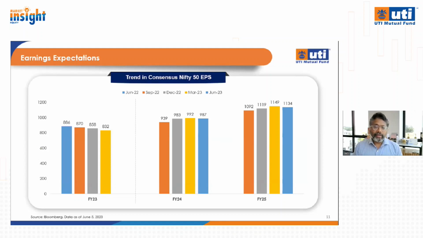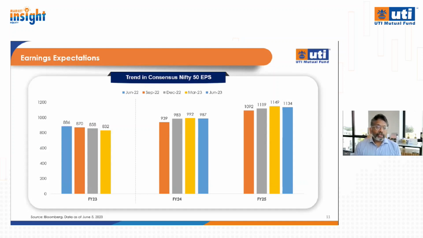What's the picture in terms of how earnings estimates have been behaving? We've changed this template. You can see the new template on the slide in front of you. On the left-hand side are the 4 bars for FY23, and you can see how the expectations for March 23, over the period of a year, saw a cut of almost about 7 or 8%.